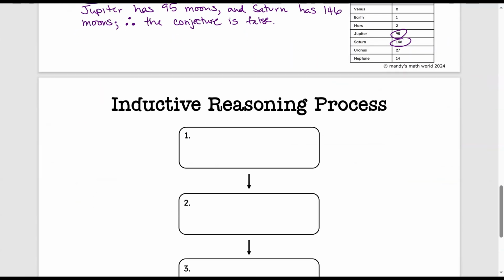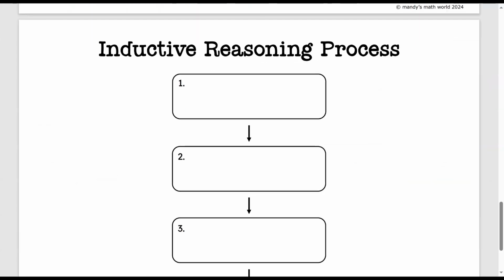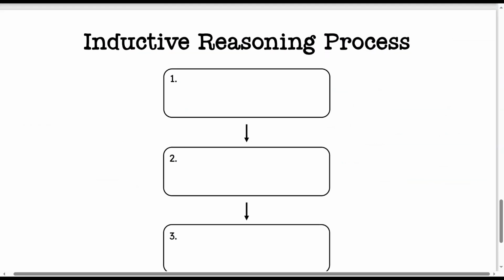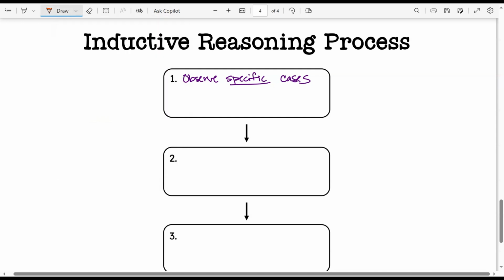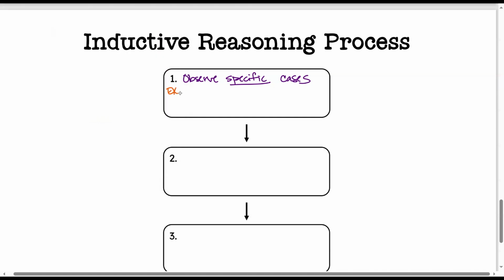Okay, so let's recap. Let's talk about the inductive reasoning process. The first step in the inductive reasoning process is to observe specific cases. I'm going to write this process and give a little example. Our example is that we observe several species of birds and notice they all have wings.